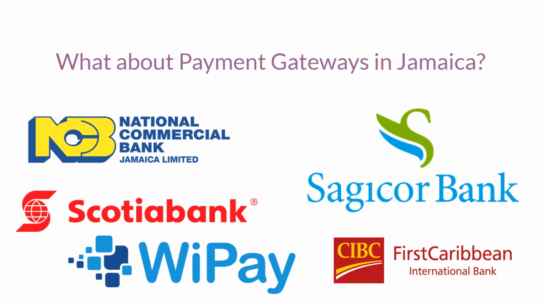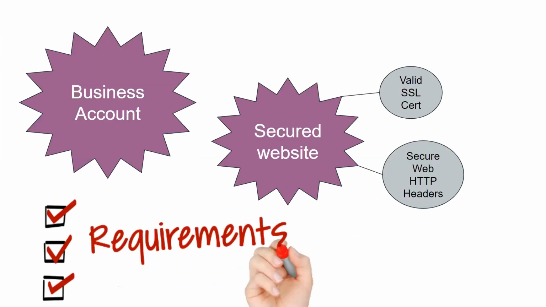And you'll see shortly. So as mentioned before, some requirements: you need a business account. If you use WePay, you don't necessarily need a business account, but if you're using one of these local banks, you need a business account, and the website that you will require, of course, is HTTPS.